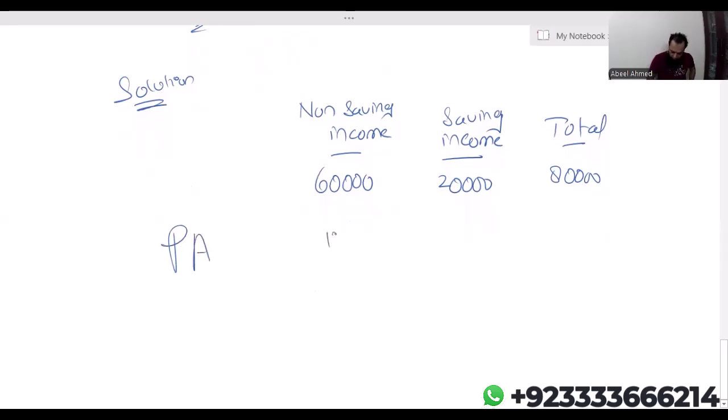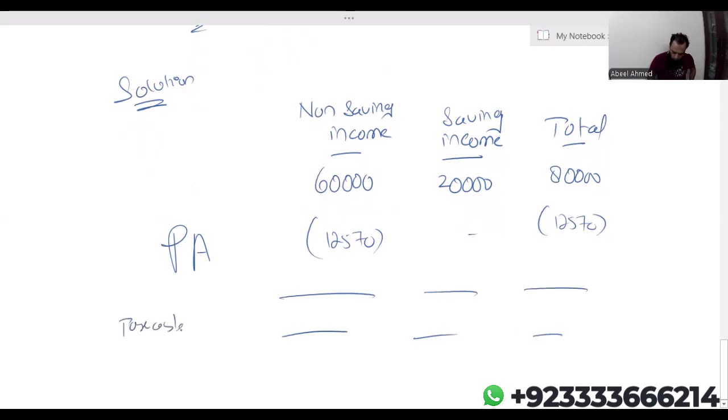Personal allowance 12,570. So 60,000 minus 12,570 is 47,430. Saving income is 20,000, and the total is 67,430.